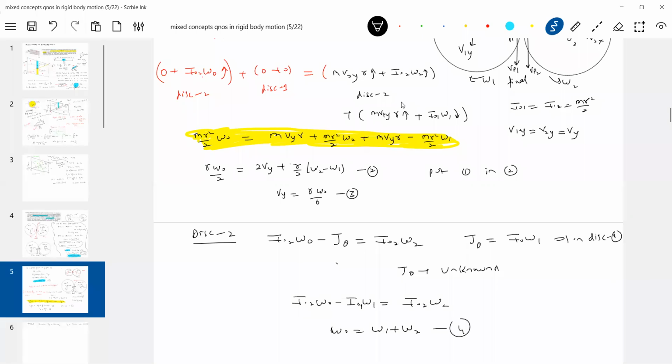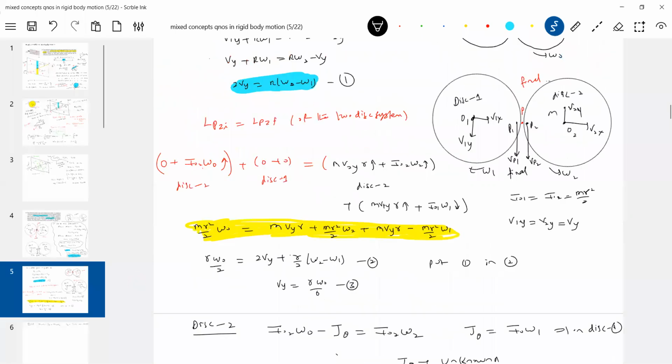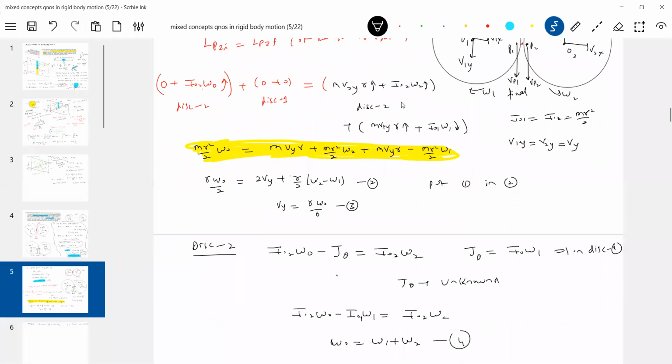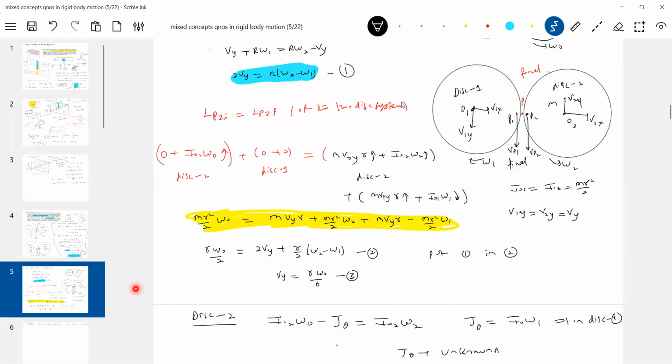This is equation 4. Do we have any relation for omega 2 minus omega 1? Shall we take help of equations 1 and 3 and substitute in equation 4? Omega naught we can write as 6 Vy by R, and Vy equals R times omega 2 minus omega 1. Solving that, we'll get the required answer.